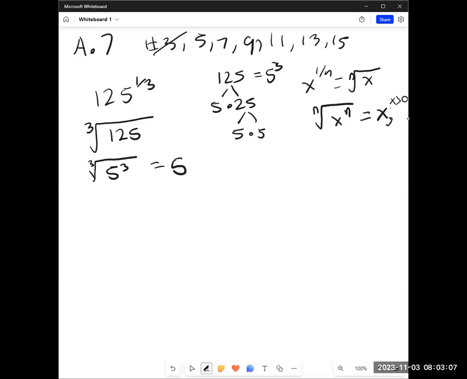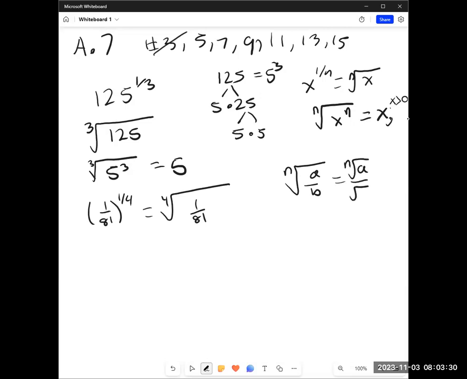Now we want to look at the 4th root of 1 over 81. We're going to use a rule that says the nth root of a over b is equal to the nth root of a divided by the nth root of b. And we're going to use another rule that says the nth root of 1 is always 1.